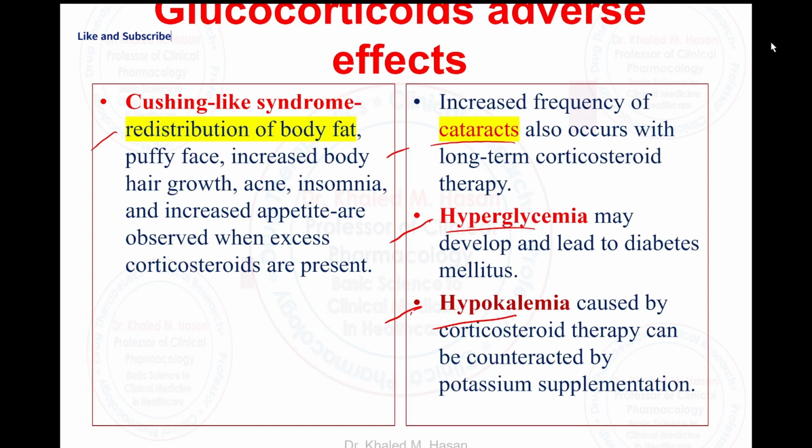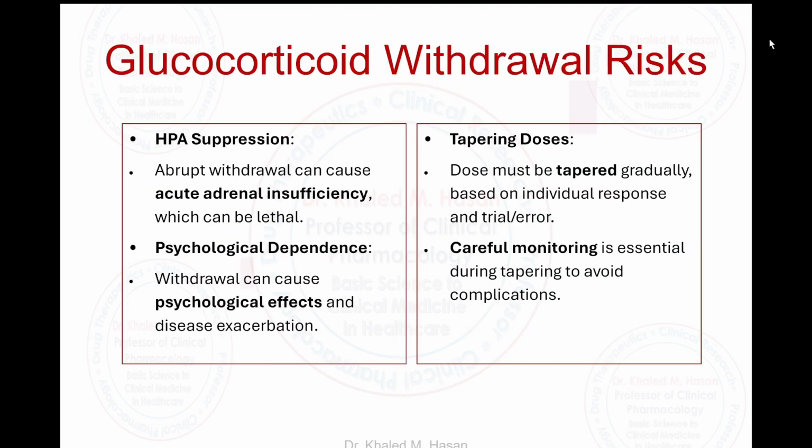So what happens here? You are treating the patient with cortisone, and you decide to stop this medication. We know that cortisone at a high dose and long term, more than 2 weeks, will lead to suppression of the HPA, which stands for hypothalamus pituitary adrenal cortex.